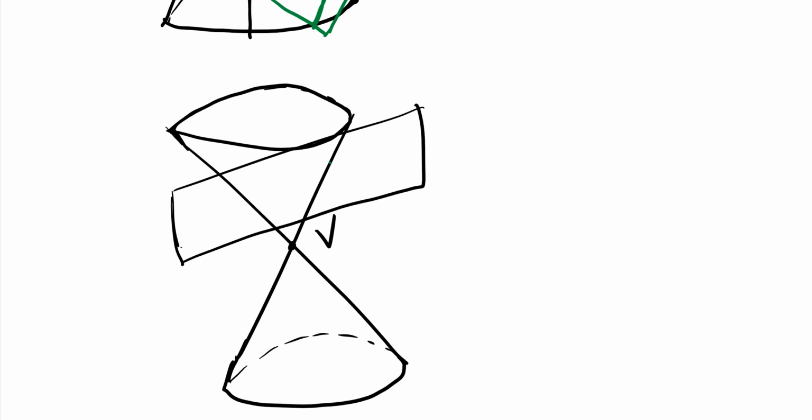What we get here, that's the intersection, and the intersection in this case is called an ellipse. The intersection between the plane and the cone is called an ellipse.